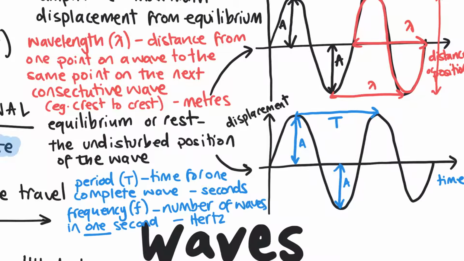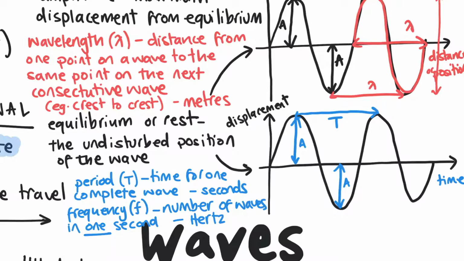Since it is a measure of time, we measure it in seconds. Now, if we know what the time period is, if we know how long it takes for one complete wave, we could also figure out what's called the frequency. And the frequency is the number of waves that occur in 1 second. So the number of waves or the number of vibrations that occur in 1 second.